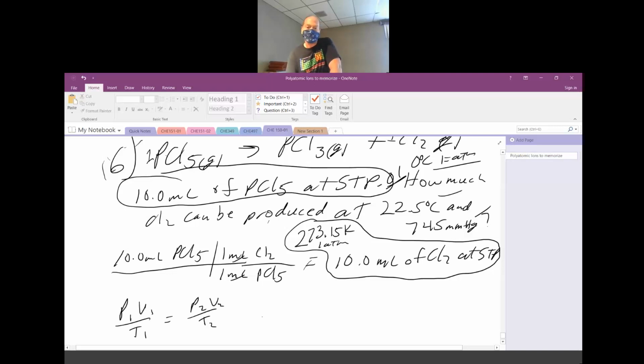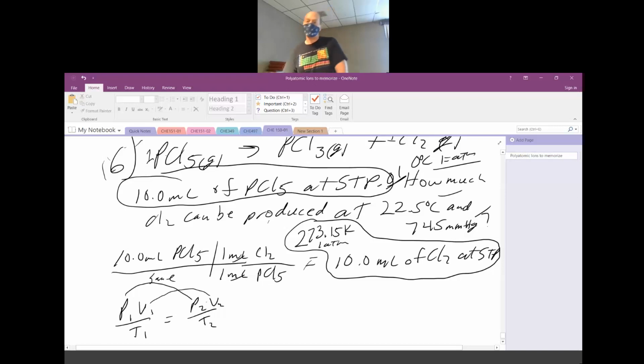Pressure, volume, temperature: none of those are constant. Remember that when you're using these equations, the units just have to be the same. You can convert 745 to atmospheres, or you can convert your atmospheres into millimeters of mercury. It doesn't matter. It gives you exactly the same answer.